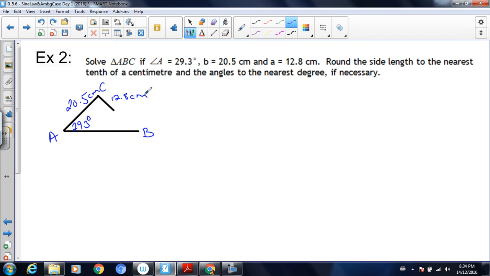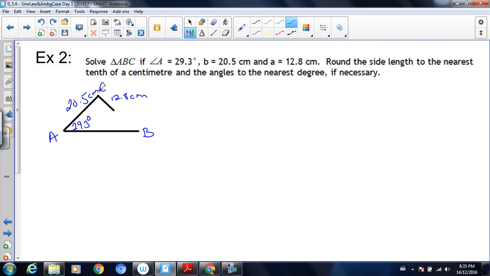They may use different letters, like DEF or XYZ. Remember that whatever angle they're giving you goes here, and whatever side is opposite that angle is this side. You can relabel everything ABC to help you, because all the conditions are based on ABC, so you don't get confused.